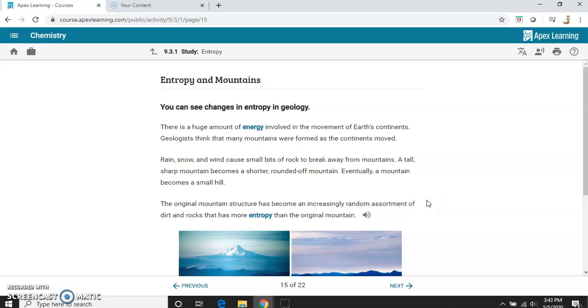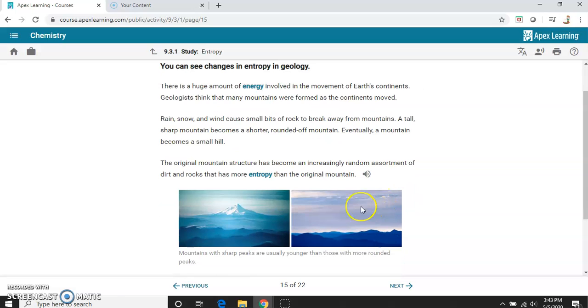Now we can see this not only in chemical reactions, but also in the Earth's continents, all around the Earth. Mountains, when you first start, have a peak structure, but as the rocks break down, the dirt has more entropy, more randomness, than the original mountain at the beginning.